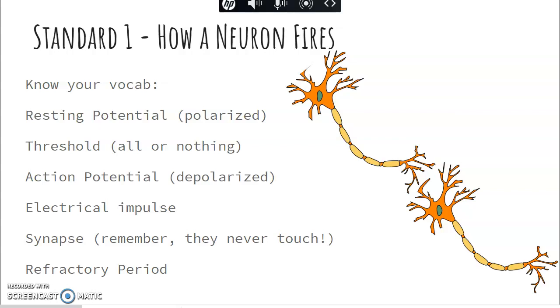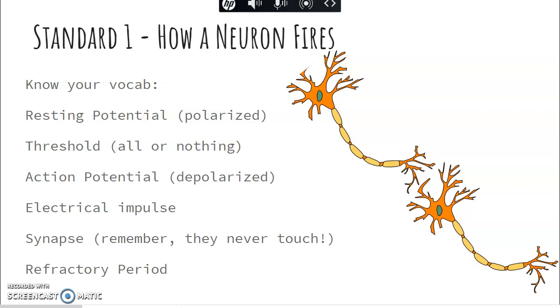At resting potential, it's polarized, not polaroid, polarized, and it has negative potassium ions inside the axon membrane. And there are sodium, positively charged sodium ions outside of the axon membrane. And so that's resting potential.